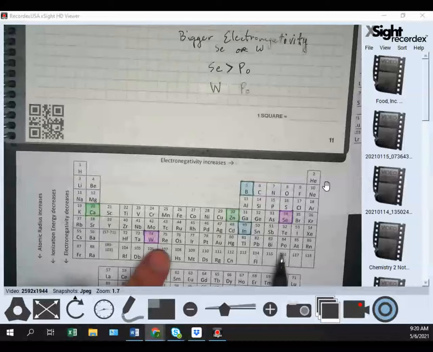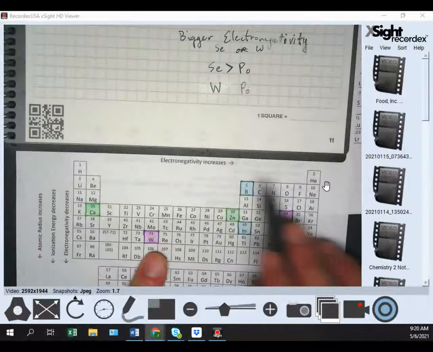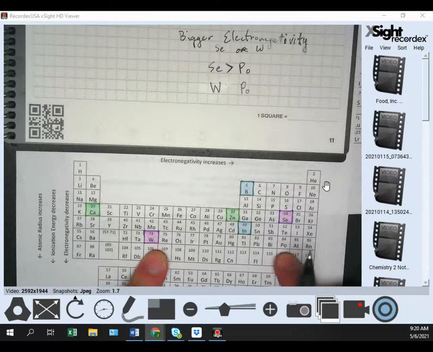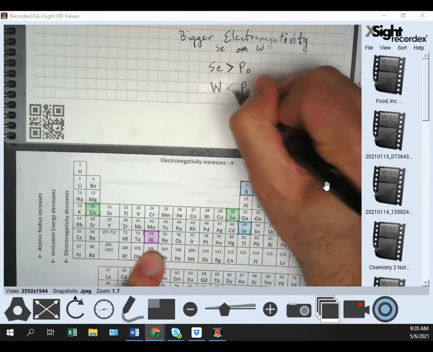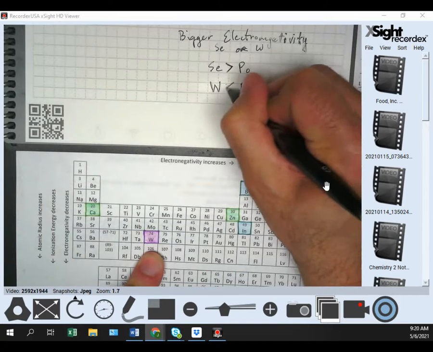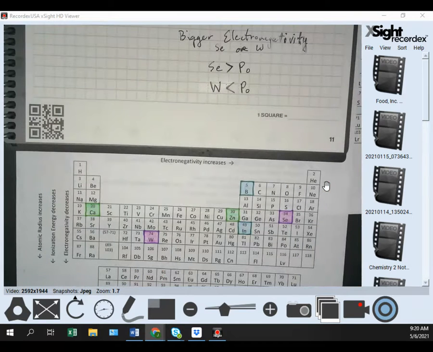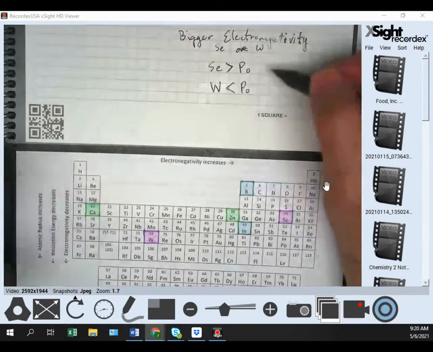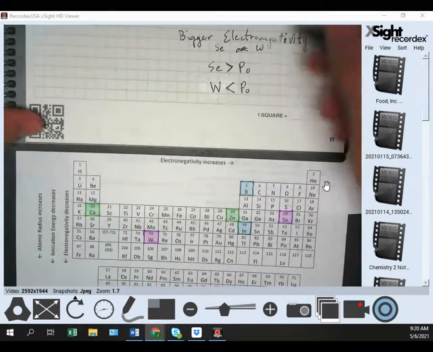So we're here and here, and it says electronegativity increases left to right. So which one is bigger? Po. So I'm going to do Po bigger than tungsten, W, right? Now, all you need to do is just put these together and then take a look at what you have.